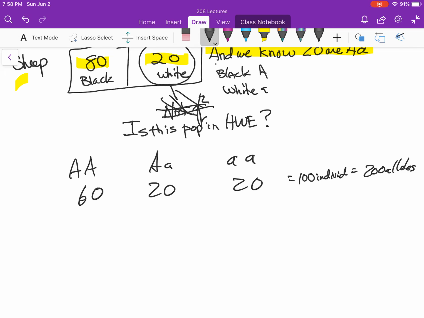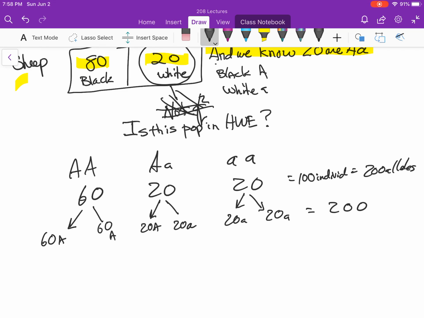That means that from the big A group, there are 60 big A's and 60 big A's, right? From this group, there are 20 big A's and 20 little a's, and that's the tricky one there. And this group has 20 little a's and 20 little a's. So when we add all these together, they will equal 200, right?